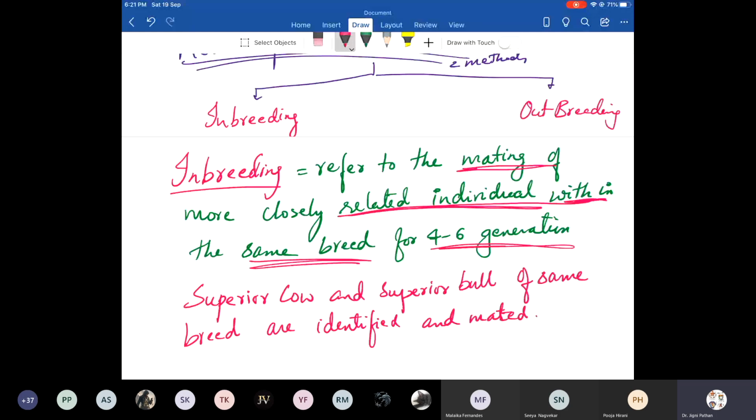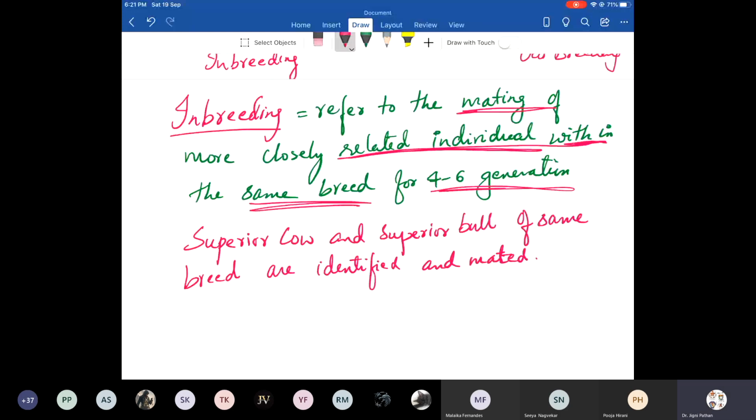Then the superior female in case of cattle is the cow. This superior cow is one that produces more milk per lactation. It is a very superior cow which produces more milk.